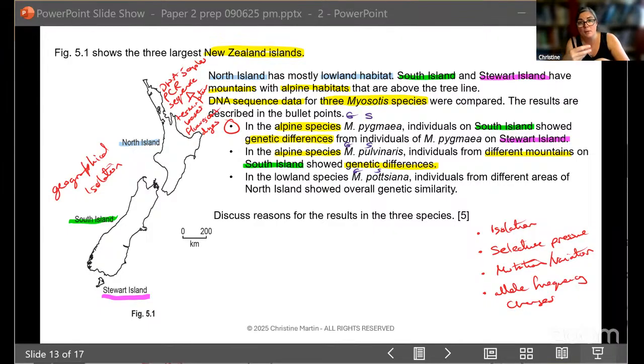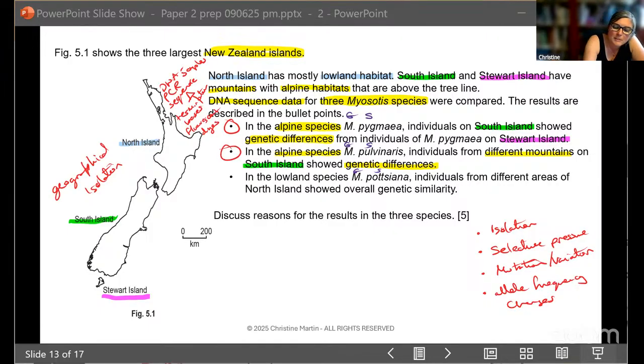They can reproduce and pass on their alleles. The population's frequency of these alleles will change in the direction that is best for the environment, and I'll come back to that in a minute. But now let's look at this last one. So that's our second one done as well.